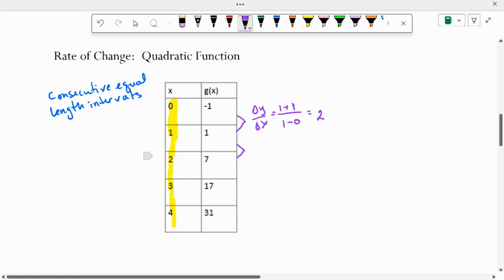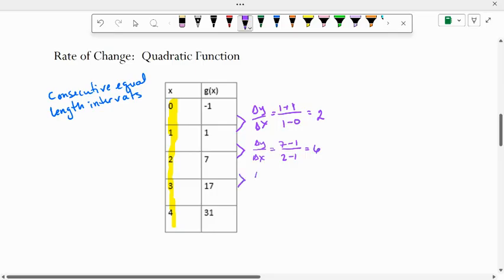When I do it again over the next interval, my change in y over change in x, my slope, my average rate of change, is going to be 7 minus 1 over 2 minus 1, which is 6 over 1, which is 6.